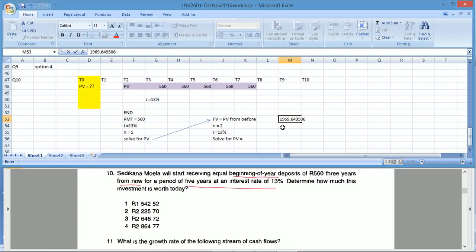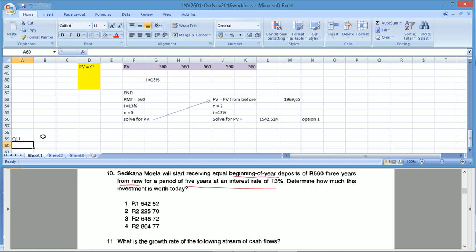Then work out your present value based on those variables. So N2, I13, future value is the answer that we just worked out. Present value comes out to 524478.52, that's option 1. Option 1 is there, that's the answer.